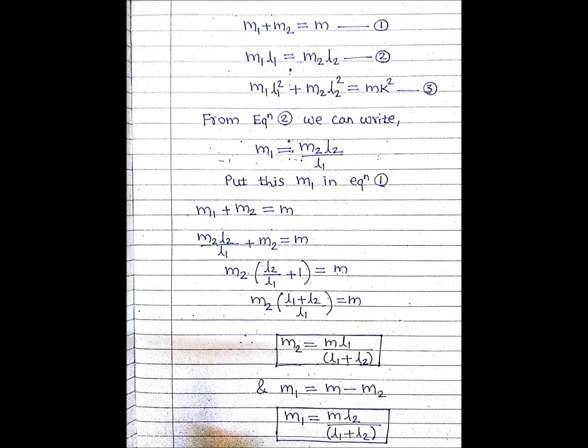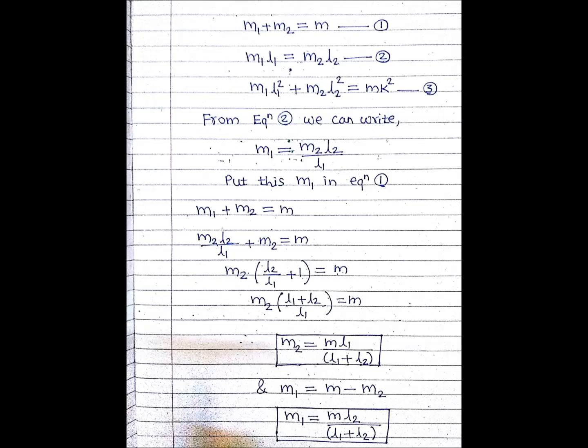If only the first two conditions are satisfied, then we will have a two mass statically equivalent system, and if all three conditions are satisfied, then we will have a two mass dynamically equivalent system. Equivalent system means equivalent to the original rigid body.